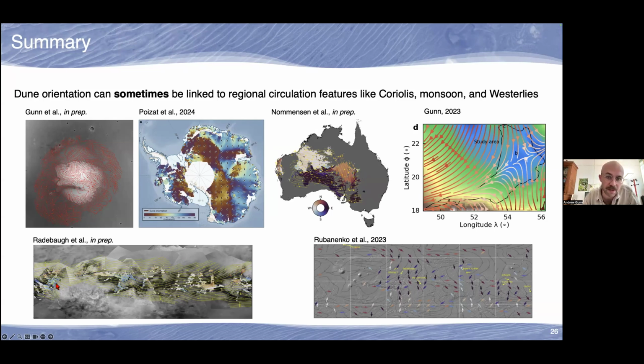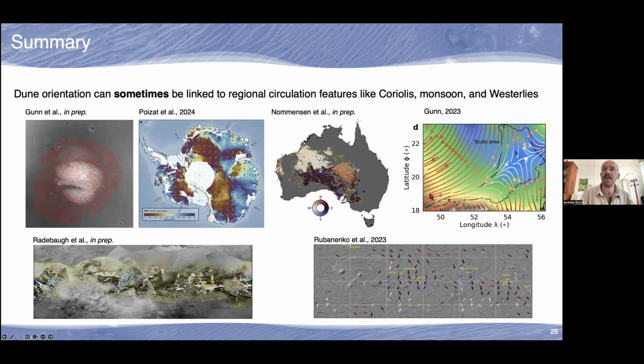This is Titan, the equatorial dunes of Titan, by Jani and her master's students. And Lior with the barchan dunes across the surface of Mars, we have the orientations of all around the planet there too. And this is by the wind data, not by the dune orientation. But in all of these cases, it's not clear what climate they totally represent. It's case by case, you have to understand based off of these complications.